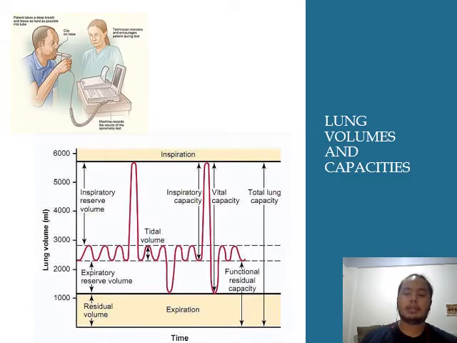Pero dahil gumagamit na kayo ng accessory muscles, no? Sternocleidomastoids, scalenes, tapos yung intercostals, tsaka yung abdominal muscles, no? Na further pa nagagamit parehong IRV tsaka ERV. Kaya ang ginagamit nyo dyan in total is your vital capacity.